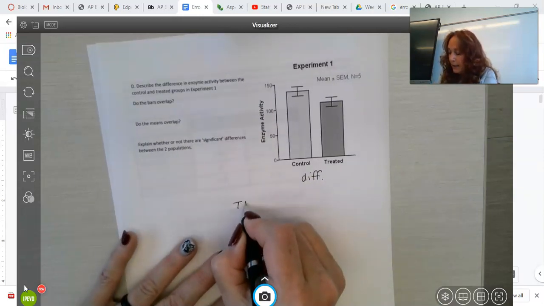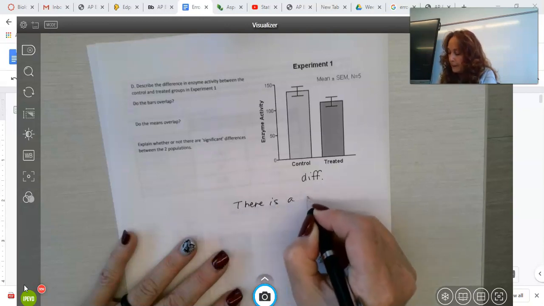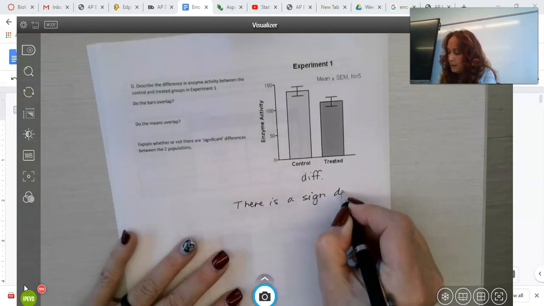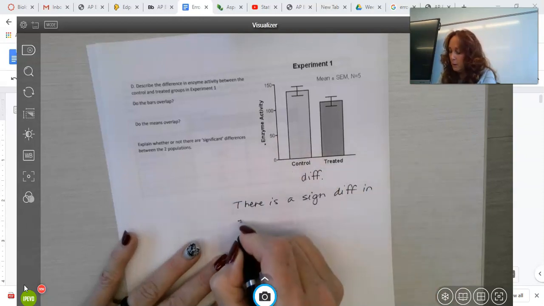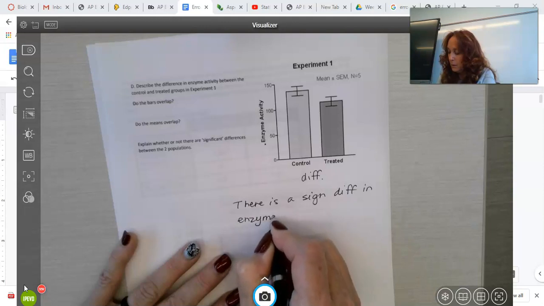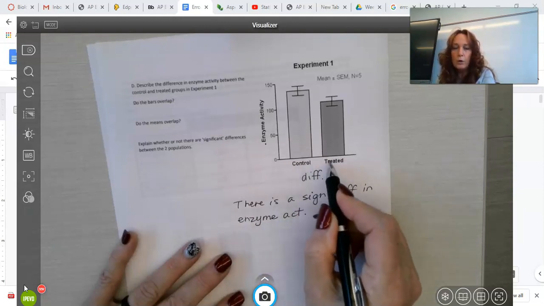So I would say there is a significant difference in what did I measure? Enzyme activity. And what are your groups?